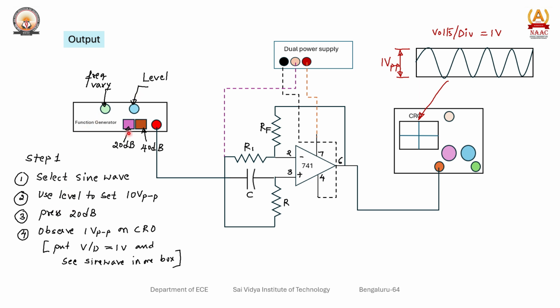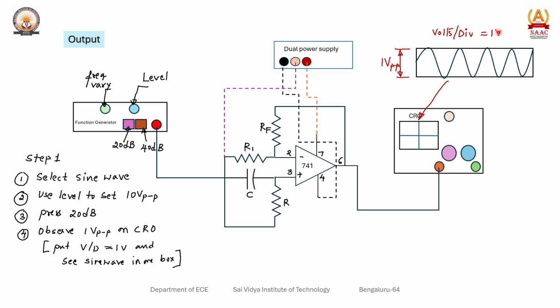After that, press the 20 decibel switch and connect the CRO cable to the function generator. Observe whether you are able to see a clear 1 volt peak to peak signal or not.